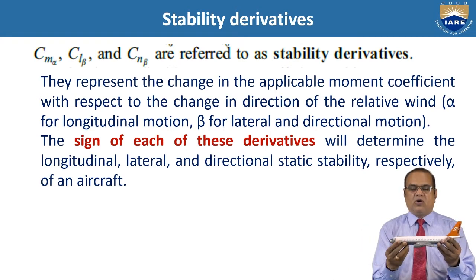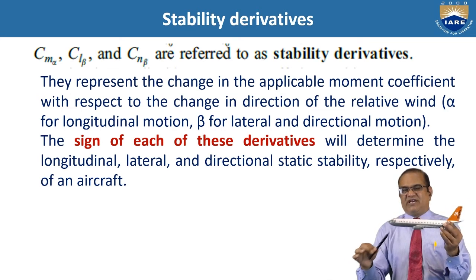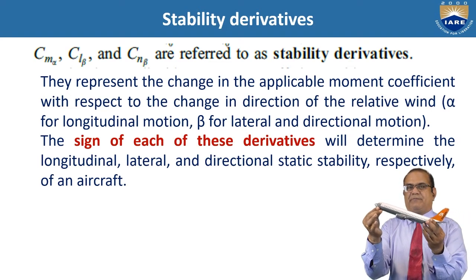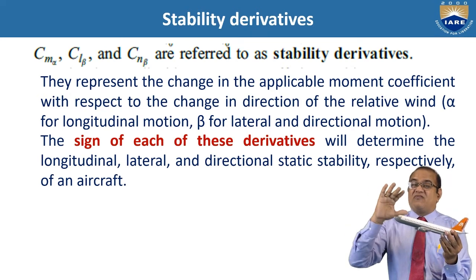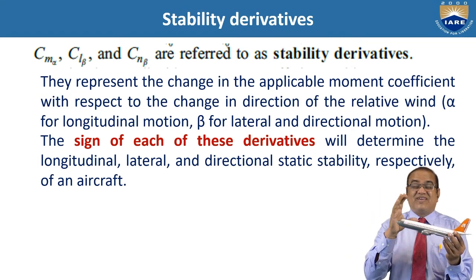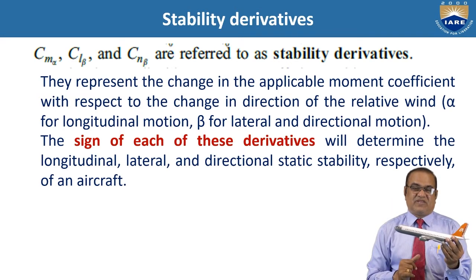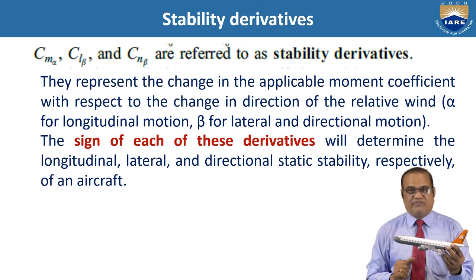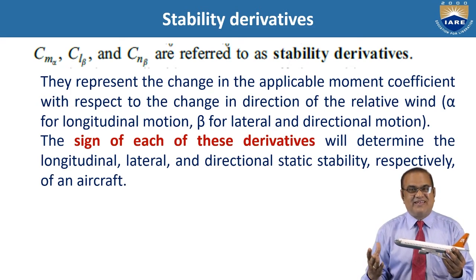So the aircraft is flying like this and some gust came from here, the aircraft nose has gone up, it will remain up. If it is remaining at the same angle after the disturbance, we can say that the aircraft is neutral stable. It means dCm by d alpha is equal to 0. There is no variation after disturbance. 0 means it remains constant.